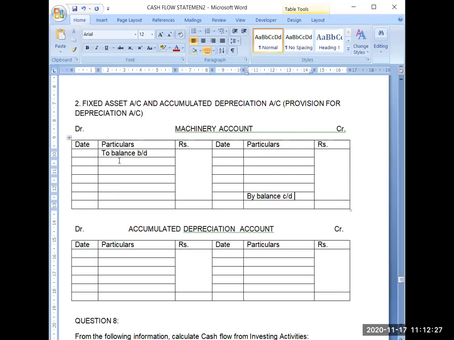Then for purchase, the entry will be to bank account. In this method, you should remember that the asset account balances always show the original cost, because depreciation is not deducted here. Then for profit, the entry will be to statement of profit and loss.